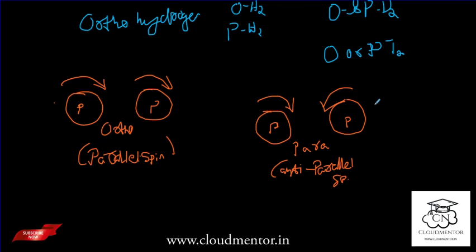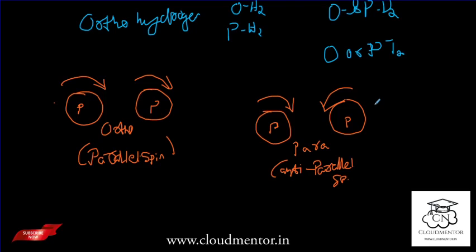The suitable catalysts include activated charcoal, atomic hydrogen, metals, for example iron, nickel, platinum, tungsten, and so on, along with paramagnetic substances like oxygen, nitrogen monoxide, nitrogen dioxide, cobalt 2 plus, and Cr2O3.